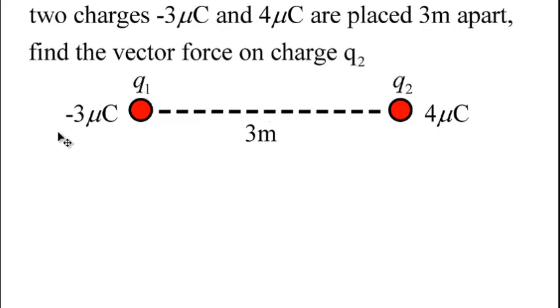To solve a vector equation, the first thing we have to do is to give these charges positions. If we choose this place as our origin, R2 will be equal to 0 and R1 will be equal to minus 3i. But let's just choose this place as our origin.